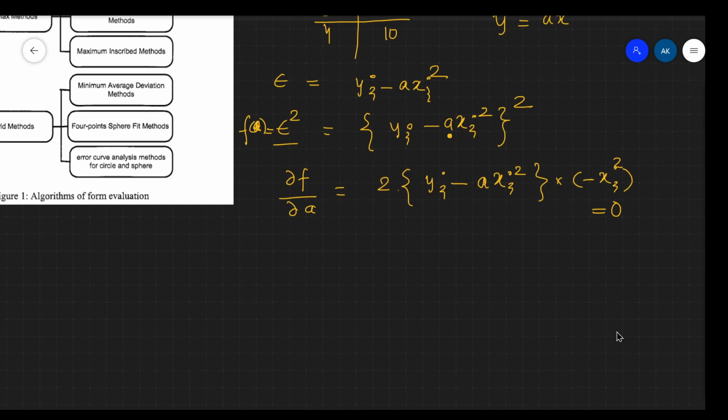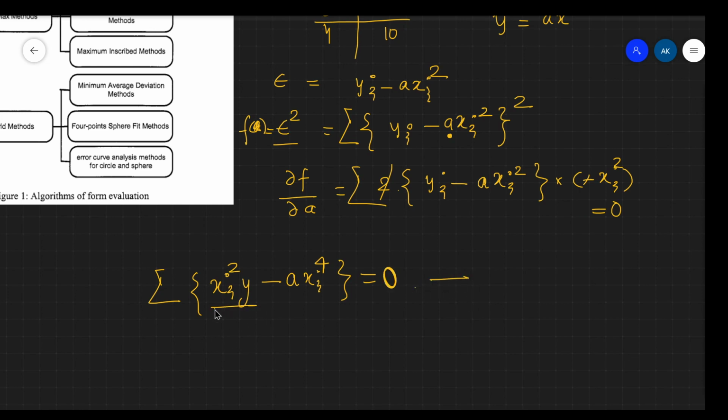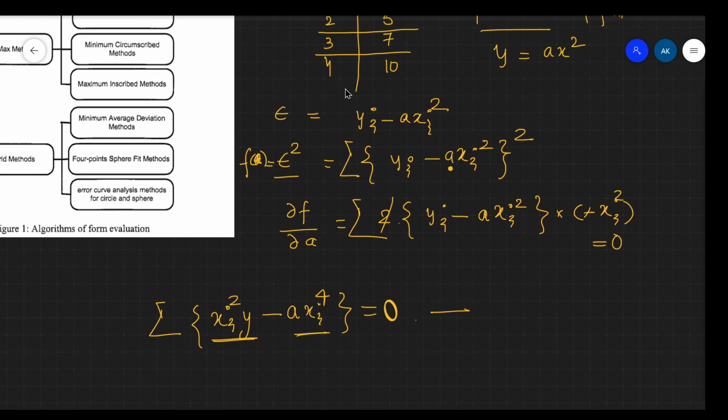Now as it is equal to 0, we can ignore the constant, and this becomes summation of xi square into yi minus a xi to the power 4 equals 0. The values of summation of x square y and summation of x to the power 4 you can get from our table, the table I showed you earlier.